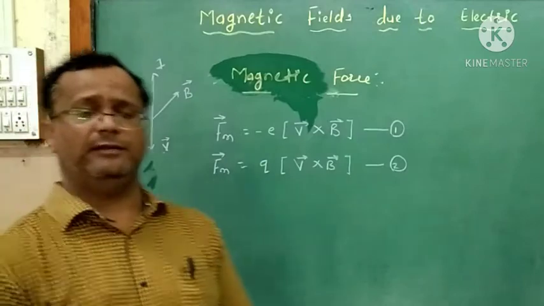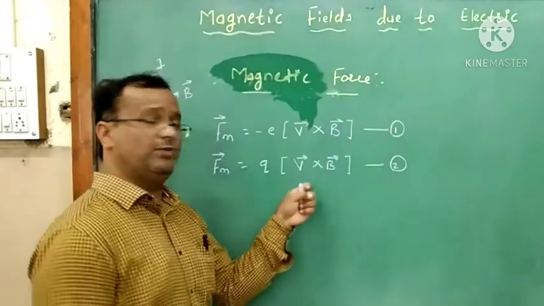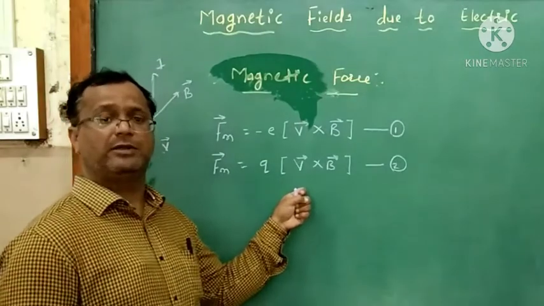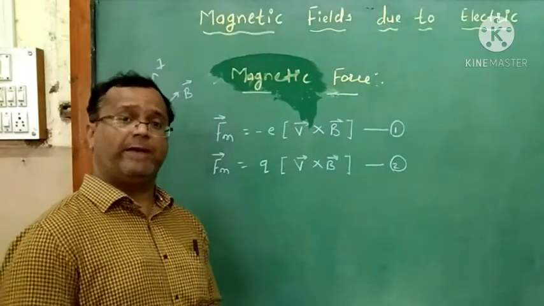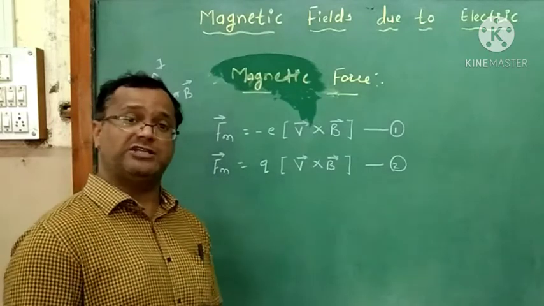But suppose both the fields are present. This equation is only for the magnetic field. But suppose electric and magnetic field are both present, then how much force acts on that charged particle?